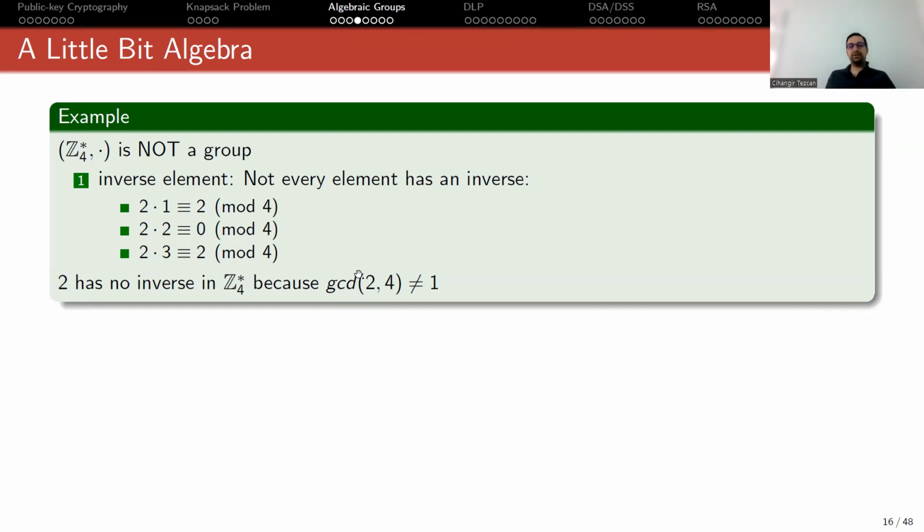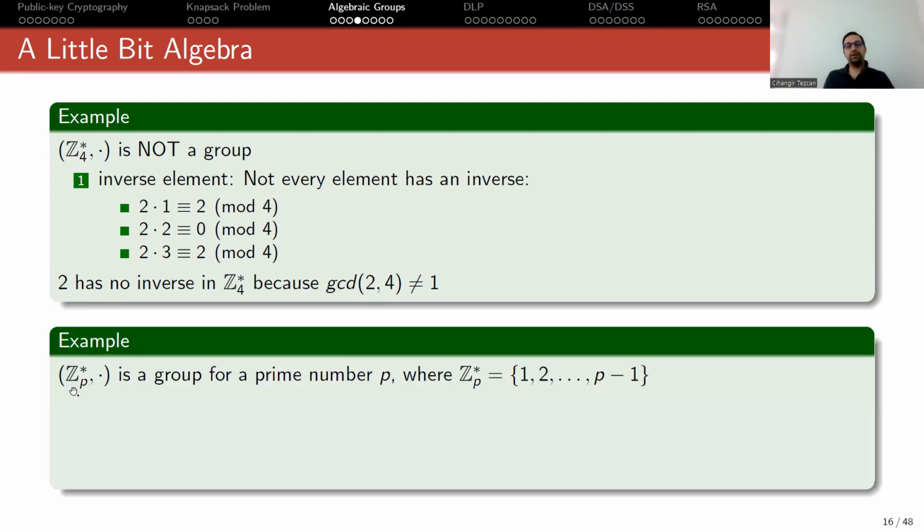So as you can see, if this is the deal breaker, if I choose a prime number instead of 4, since all of these numbers are less than that value, they have to be relatively prime. In other words, if you choose Z P star, with multiplication as the group operation, and P is a prime number, then Z P star is just the elements from 1 to P minus 1.